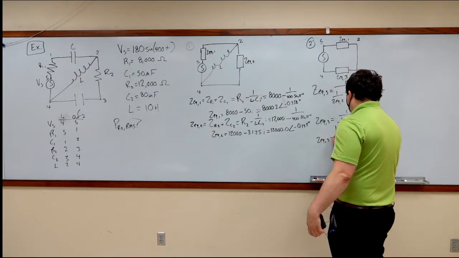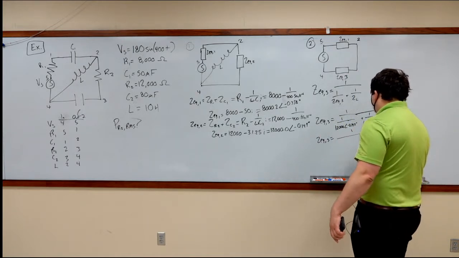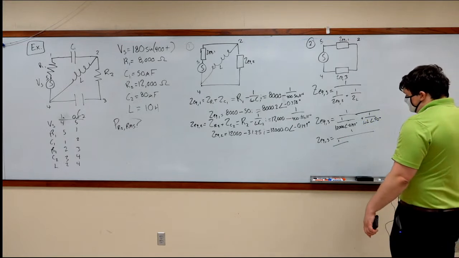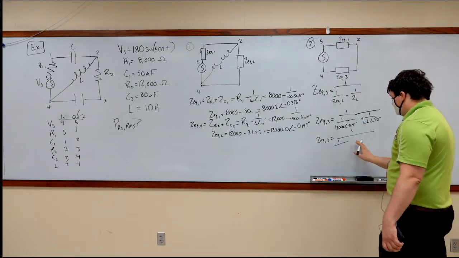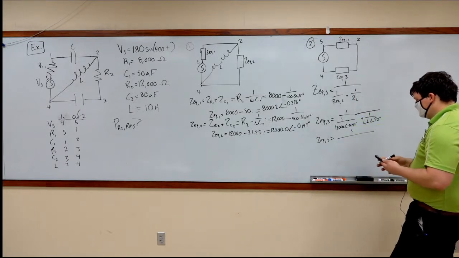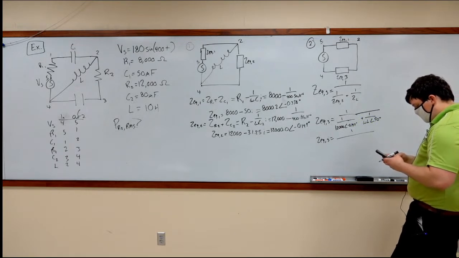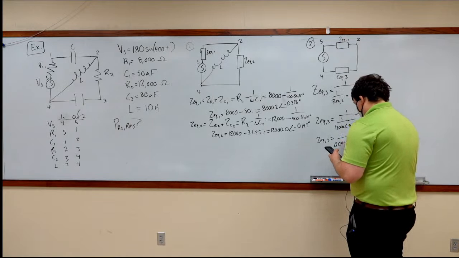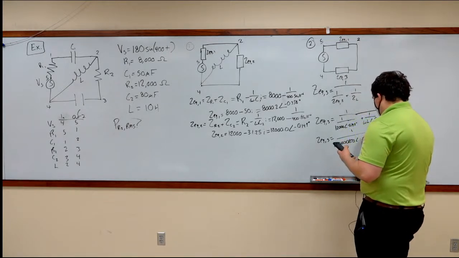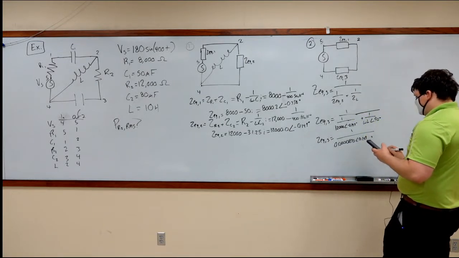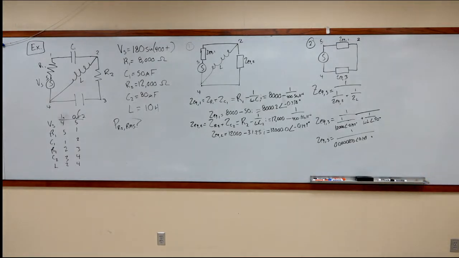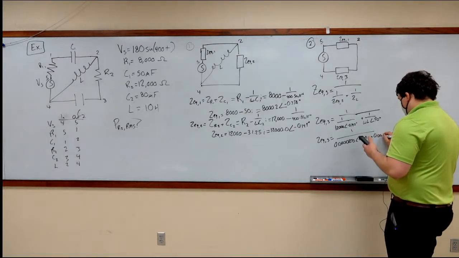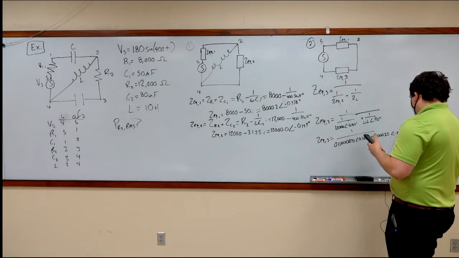So ZEQ3 is equal to 1 divided by 1 over 12,000, which is 0.0000833 at an angle of 0.149, plus omega L, which is 400 times 10, so 1 over 4,000 at an angle of 90 degrees, which is equal to 0.00025 at an angle of negative 90 degrees.